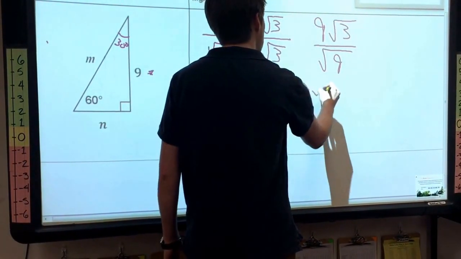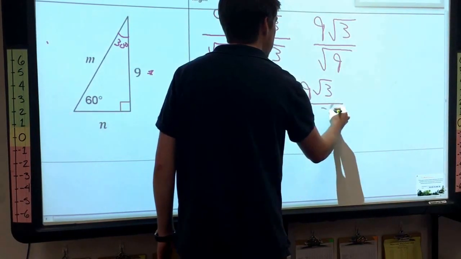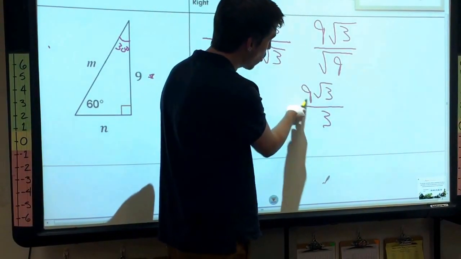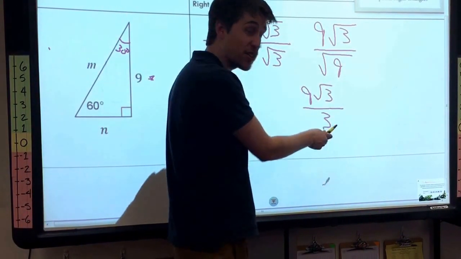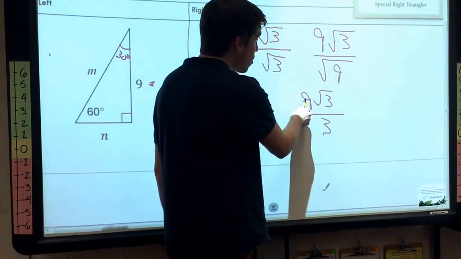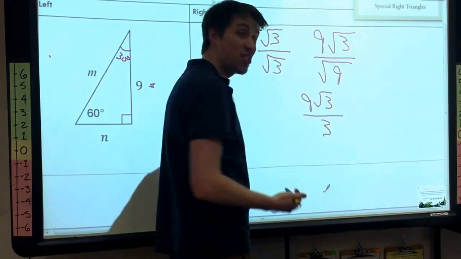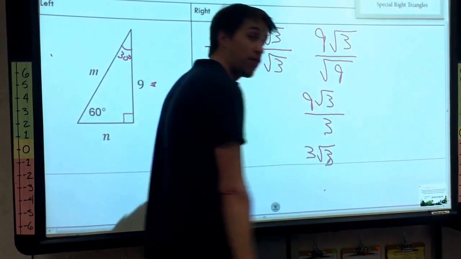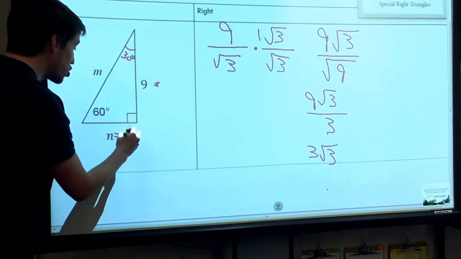So 9 times the square root of 3 becomes divided by 3. And we can actually go one more step in our reduction. We can look at the coefficient out here in our denominator and ask yourself, can you divide that down or reduce it like a fraction? And I know 9 divided by 3 is just 3. So I'm left with 3 times the square root of 3 as my short little side here.